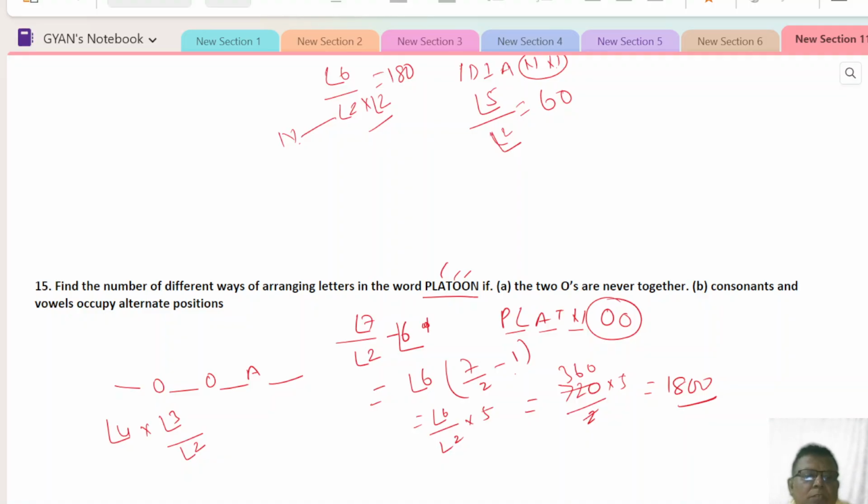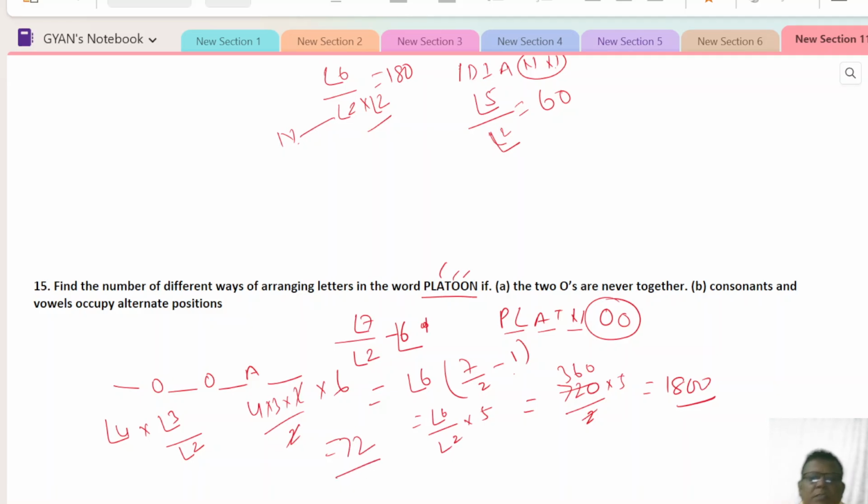So that will be the answer. So 4 into 3 into 2 by 2 and 2, 6. That is equal to 72. 72 is the answer. Thank you.